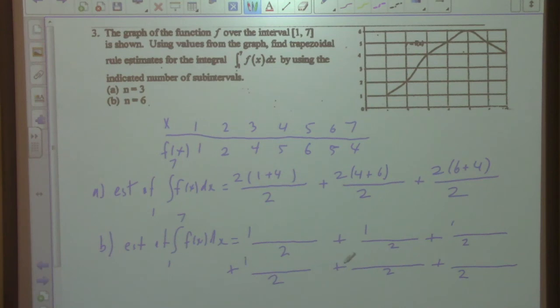That's going to be a plus sign here. So you just take these and add them together. 1 plus 2. 2 plus 4. 4 plus 5. 5 plus 6. 6 plus 5. 6 plus 4. And there you have it.